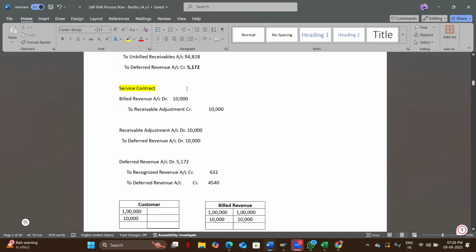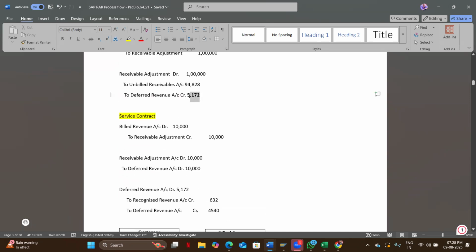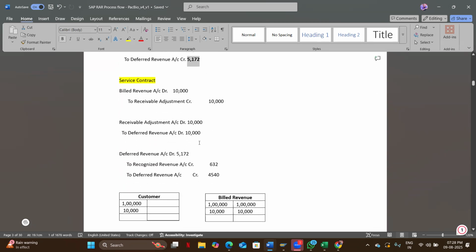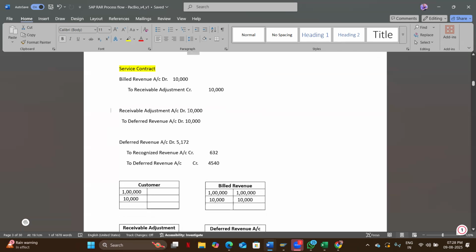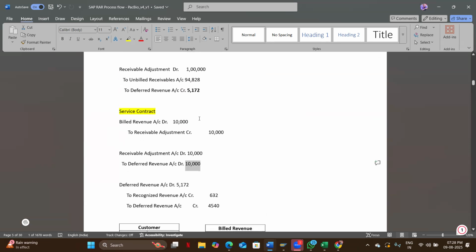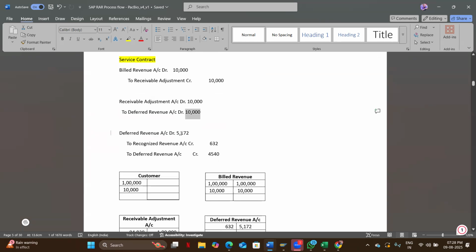You can see here our deferred revenue is 5,172. Again here we come to deferred revenue 10,000. Total how much? 15,172, right? This is 10,000, this is 5,000, both are deferred revenue. Okay, now from deferred revenue to recognized revenue, how much deferred revenue do we have?